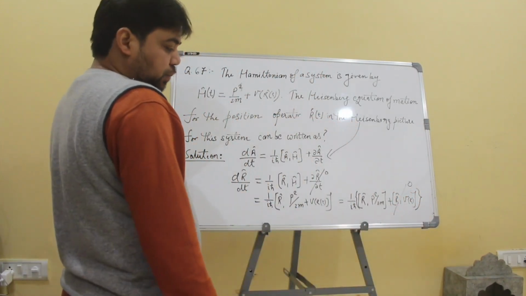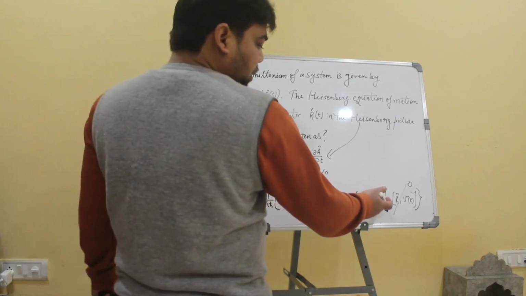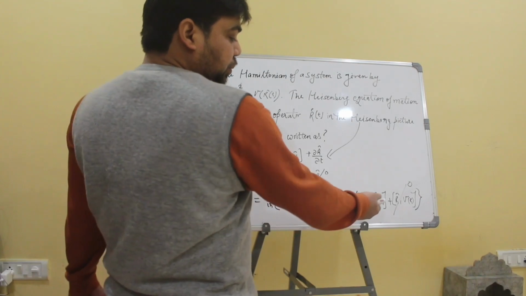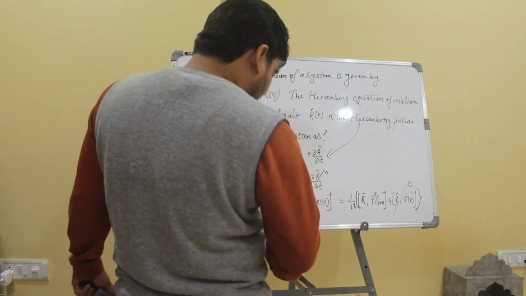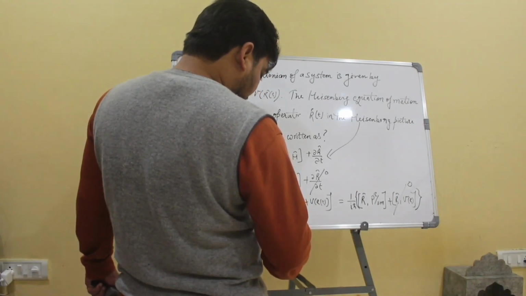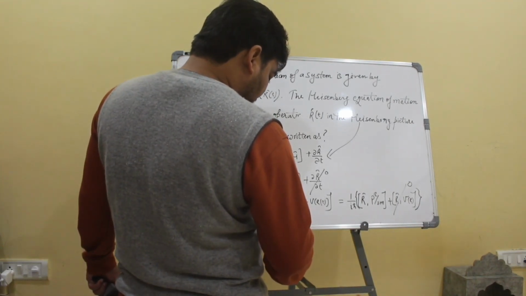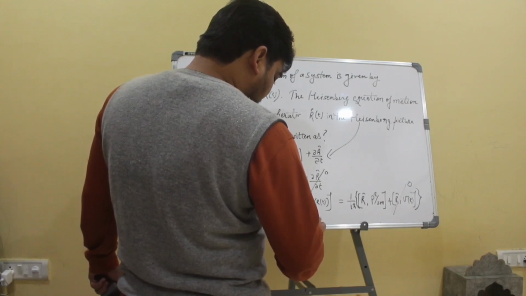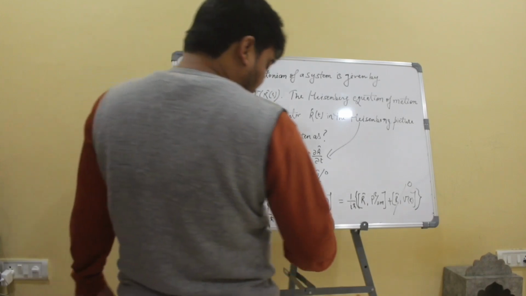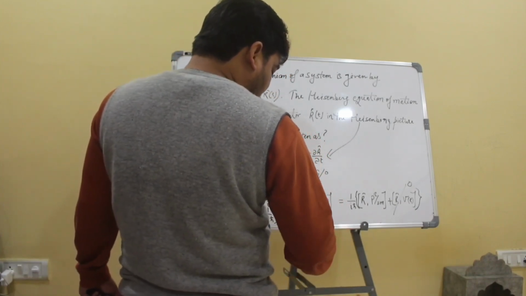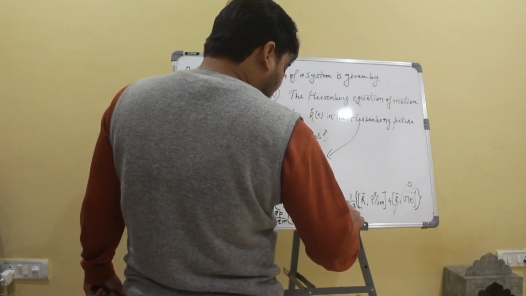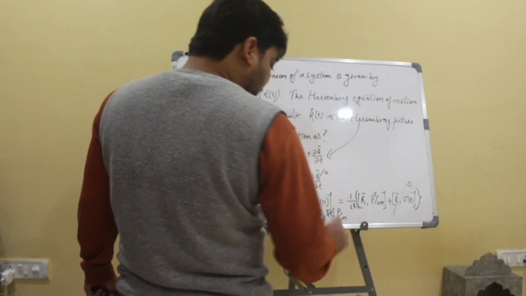Now you are left with this one, for which you can use the formula. It will be what? It is nothing but n p to the power n minus 1. Right? So it gives you 1 upon i h cut into 2p divided by 2m into the commutator of r comma p, which is nothing but i h cut. So it gives you 1 upon i h cut into i h cut into p by m, cancelling out i h cut.